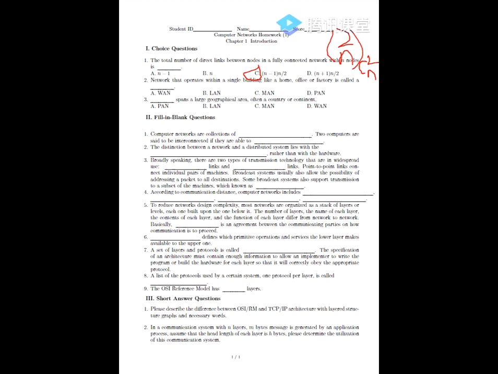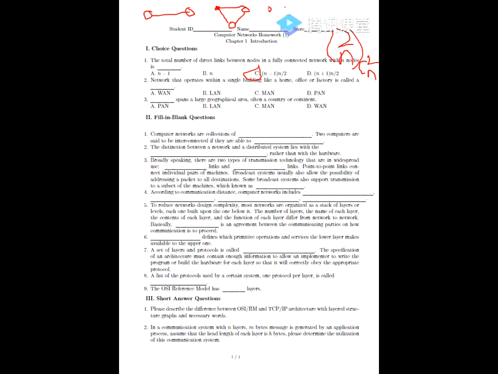So the total number of direct links, for example, n equals 2, we need 1 line to connect them. If n equals 3, 3 lines are needed, C(3,2), right?